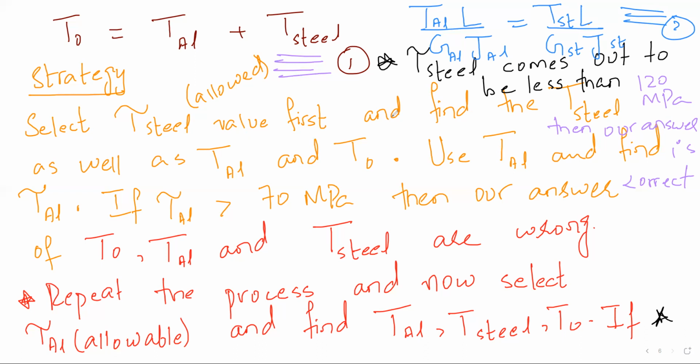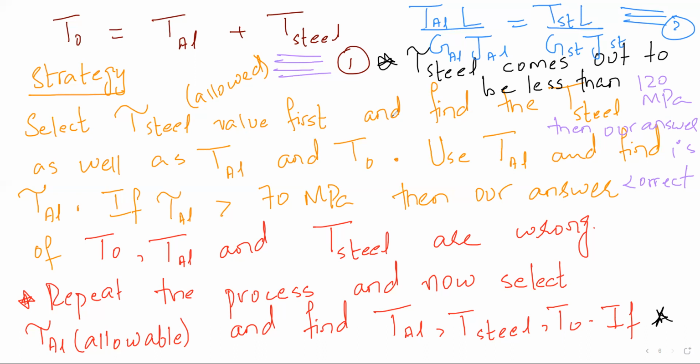Now what I am saying is substitute the allowable value of shear stress and take the value of TS. Once you have TS, then you equate the two angles of twist.